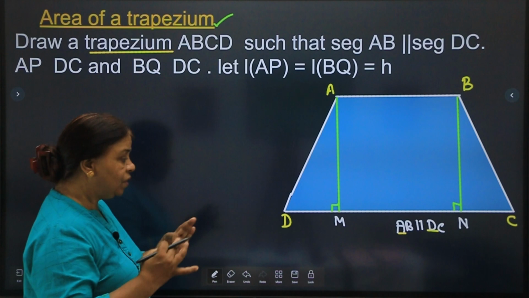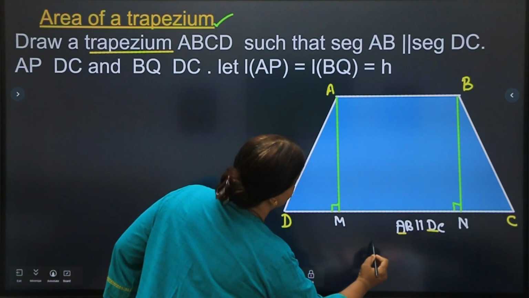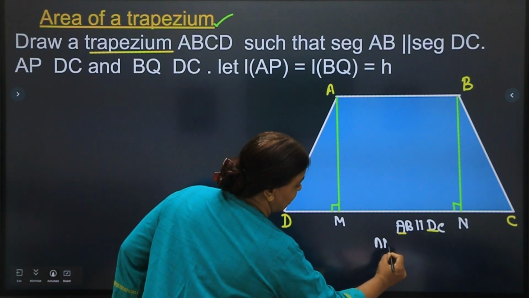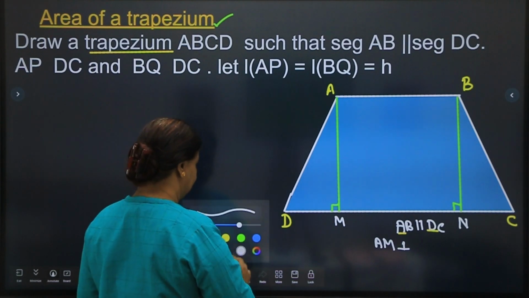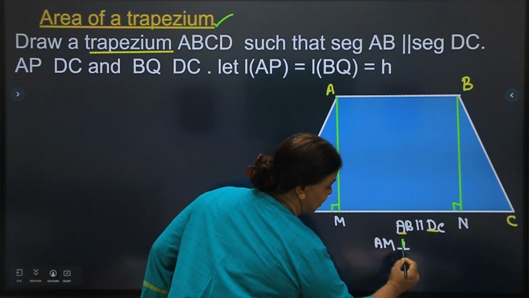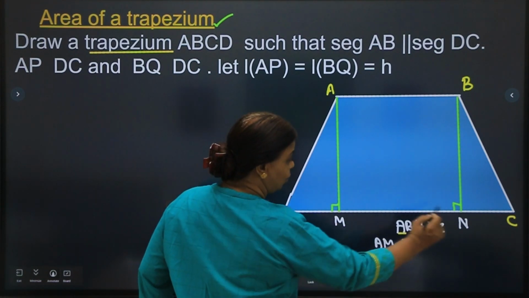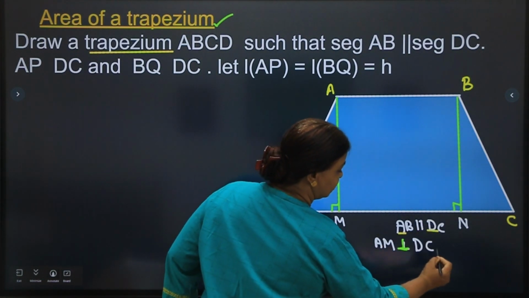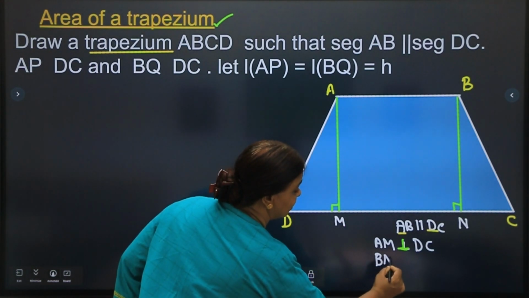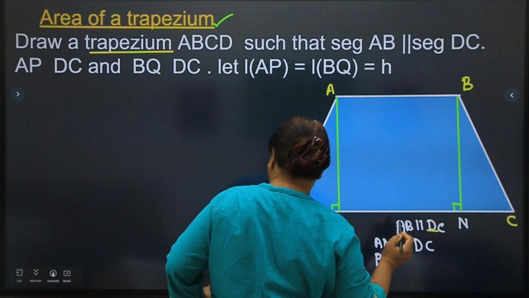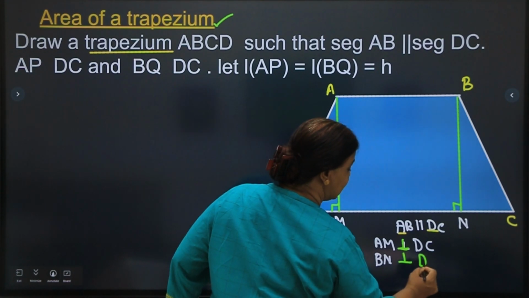So we can say that AM is perpendicular to DC. This sign is a perpendicular sign, children. And BN is perpendicular to DC.